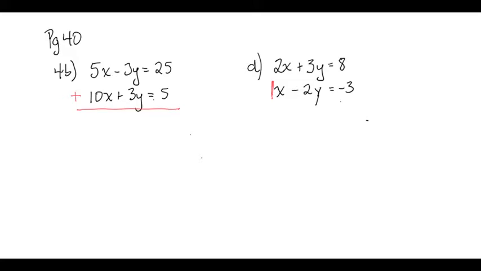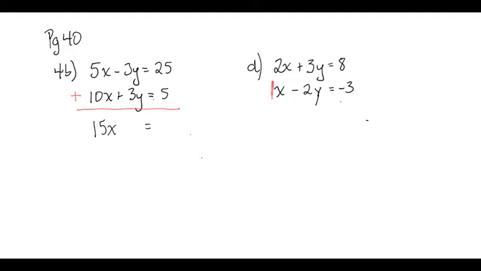The variable x's are over top of each other, so when we add 5x plus 10x, it's 15x. When we add these two terms of y that have opposite signs, negative 3y plus a positive 3y, they cancel each other out. Equal signs lined up, and here we are adding the two numbers at the end.